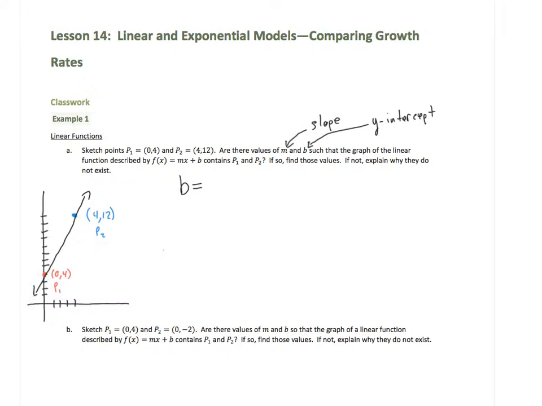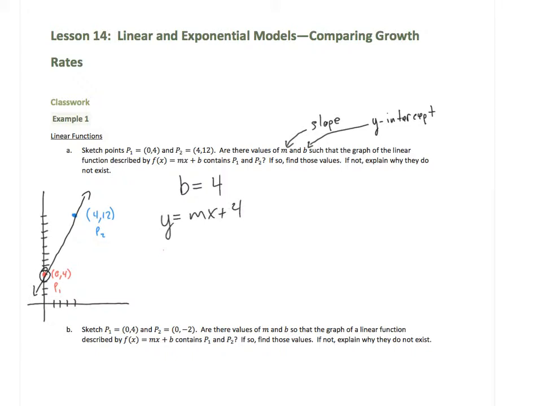Remember, the y-intercept is where the line intercepts, or crosses, the y-axis. So at the point (0, 4), so at b equals 4, a y value of 4, that's where my y-intercept is. So y = mx + 4. That's what we already have so far.